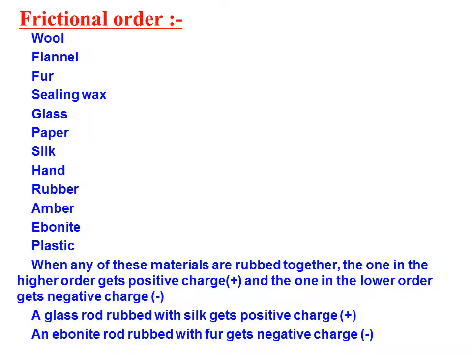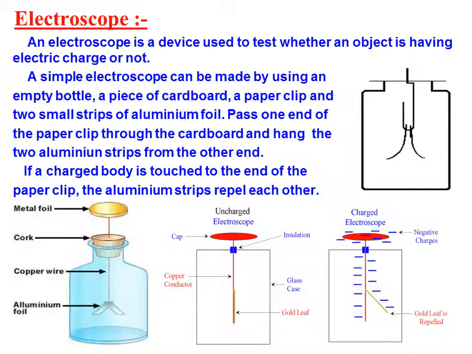So let's move further. Electroscope, what do you mean by electroscope? An electroscope is a device used to test whether an object has an electric charge or not.